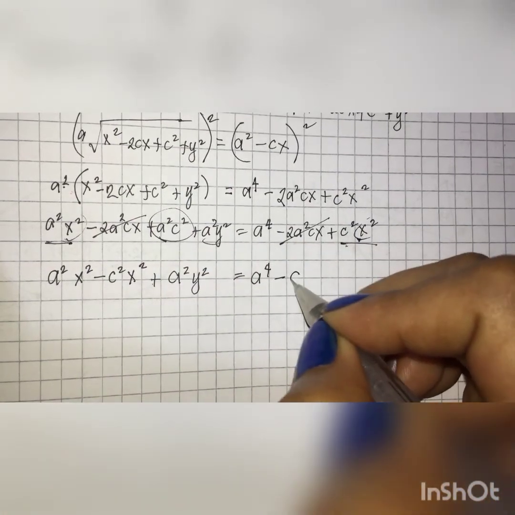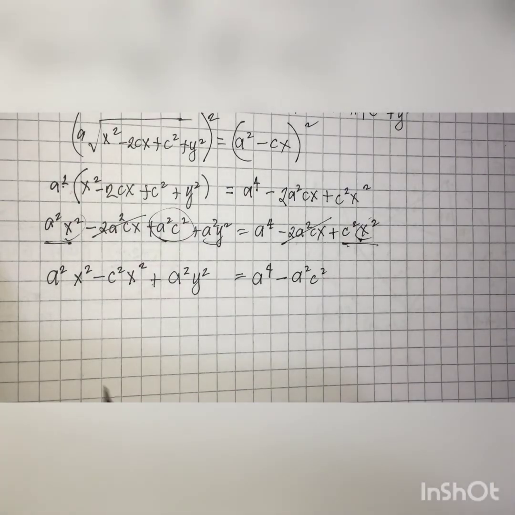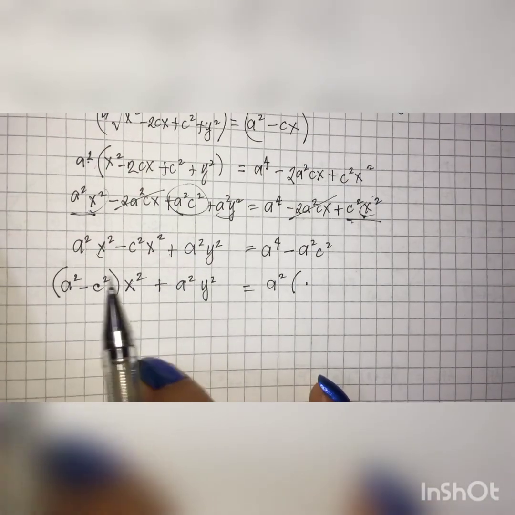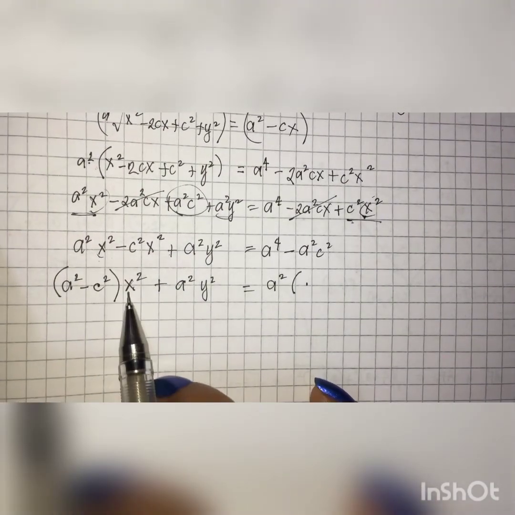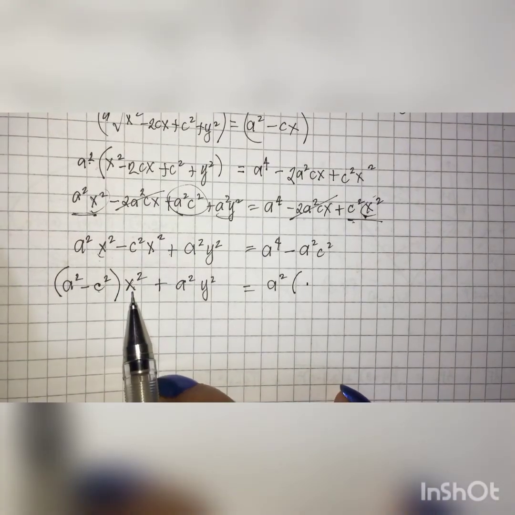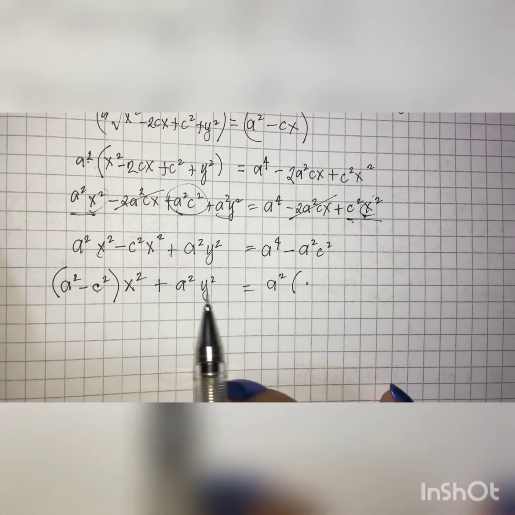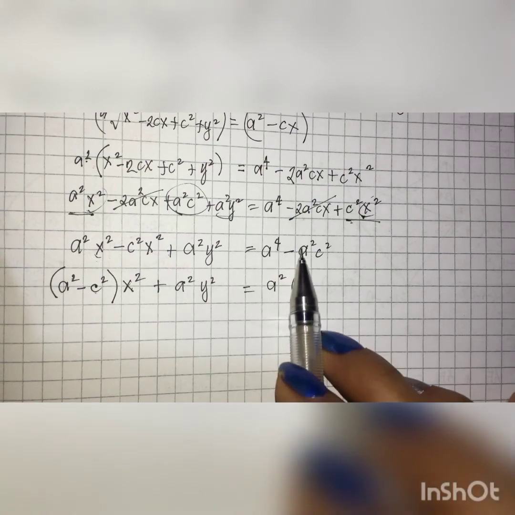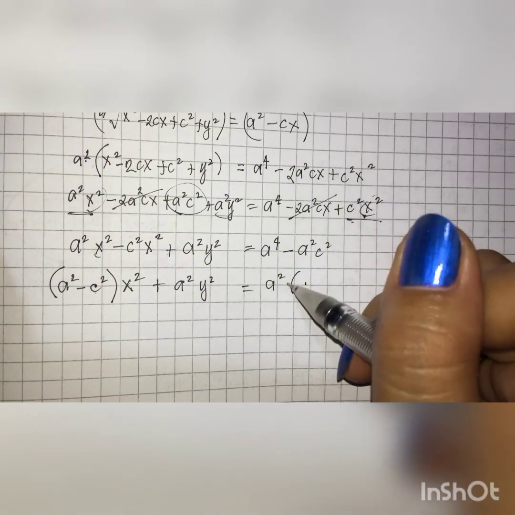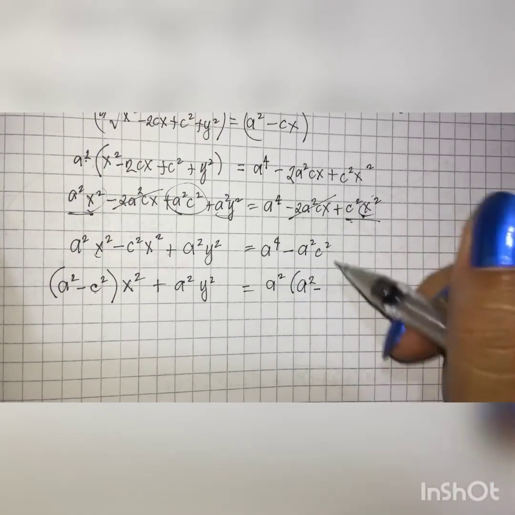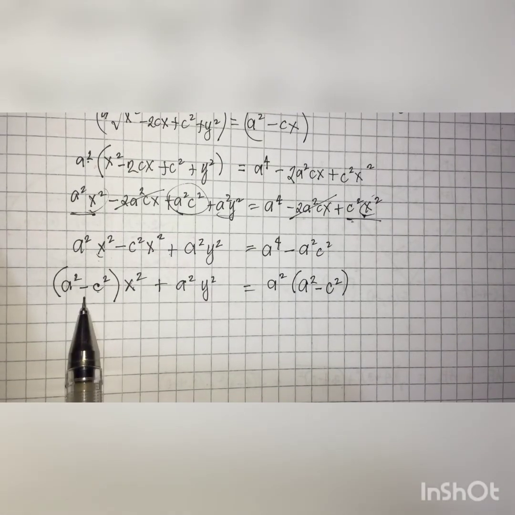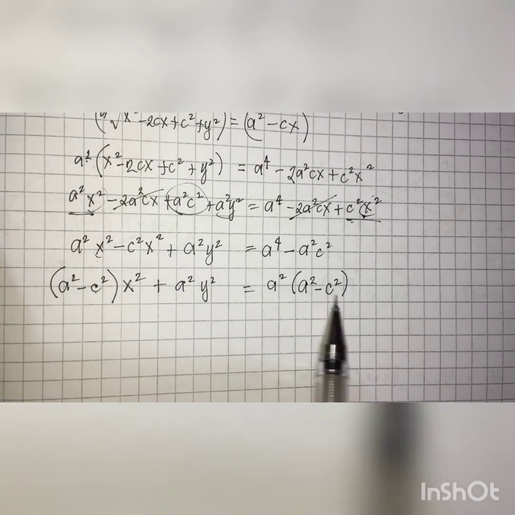Positive becomes negative, so minus a squared c squared. And then let us factor out the x squared: a squared minus c squared times x squared plus a squared y squared is equal to, let's factor out the common a squared, a raised to the power of 4 divided by a squared, we have a squared minus c squared. So we have now the common factor a squared minus c squared on both sides.